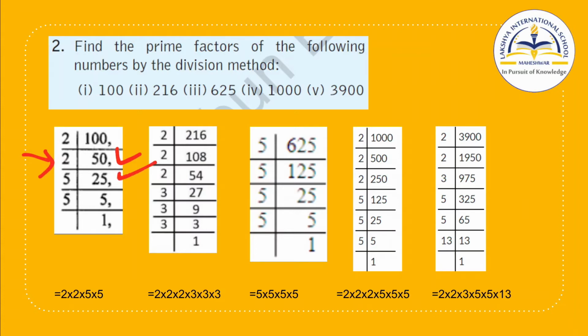Dividing 50 by 2 gives 25. Now 25 is not divisible by 2, 3 or 4. It is divisible by 5. So we have written here 5. The result is 5. Again it is divisible by 5, so again we take 5. Now we will get the remainder 1.